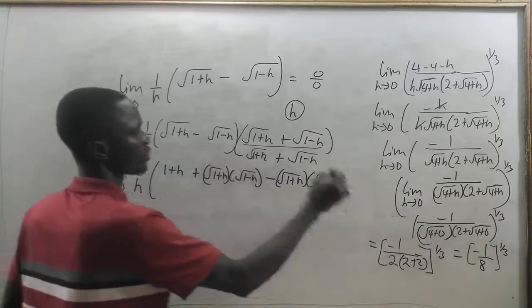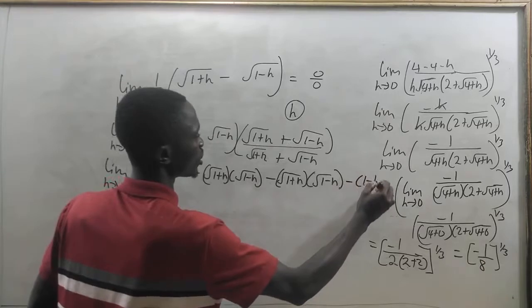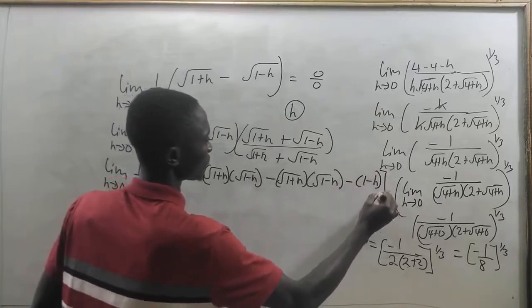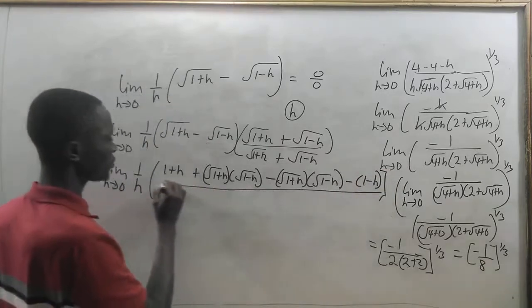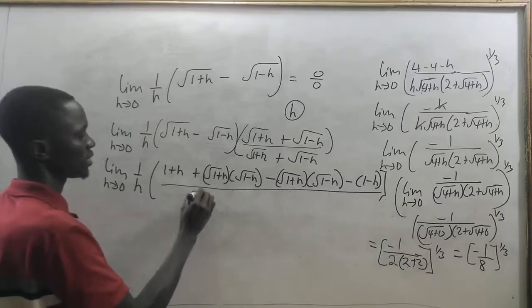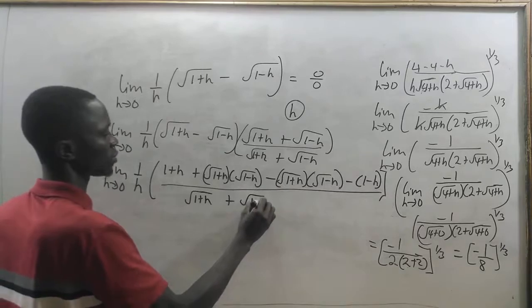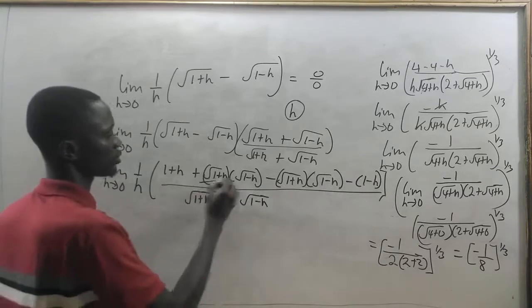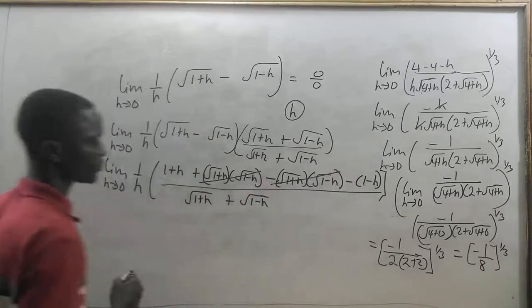And this time that will give us minus into bracket 1 minus h, all divided by the square root of 1 plus h plus the square root of 1 minus h. And you see that this one will cancel this.